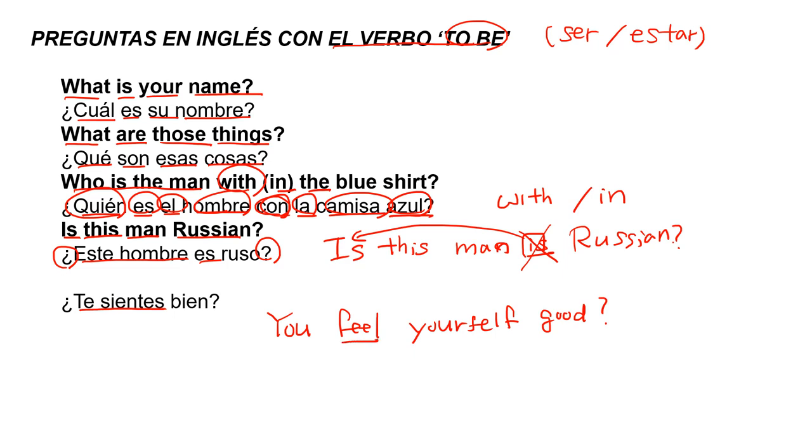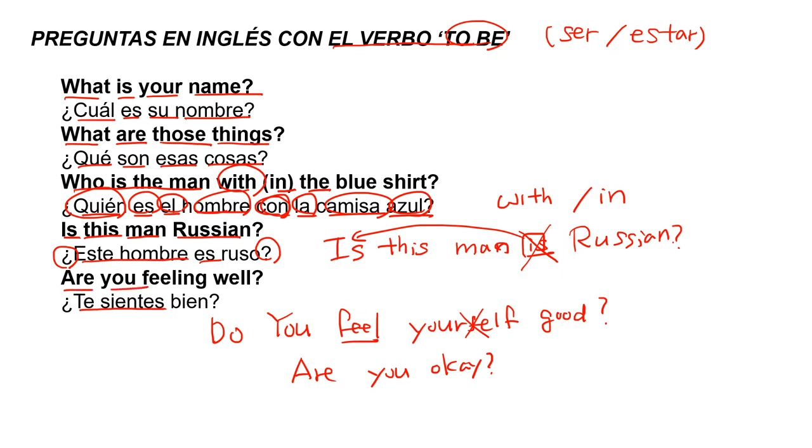So feel has to be, do you feel good? But here, are you okay? Are you okay can be the other form of question here. Are you well, okay? Or sientes. Are you feeling well, okay, or good?